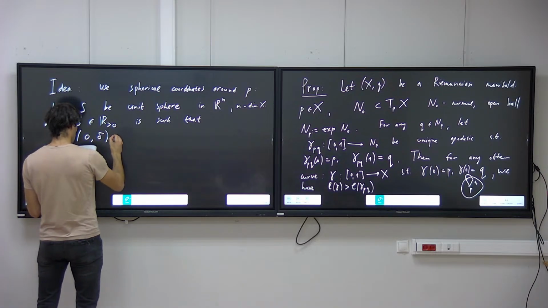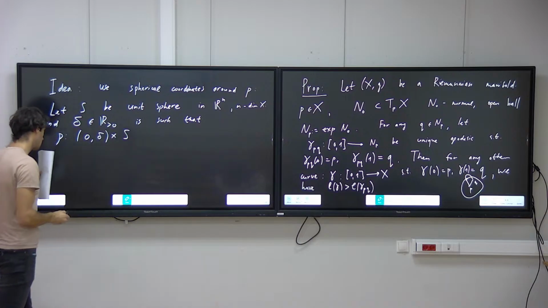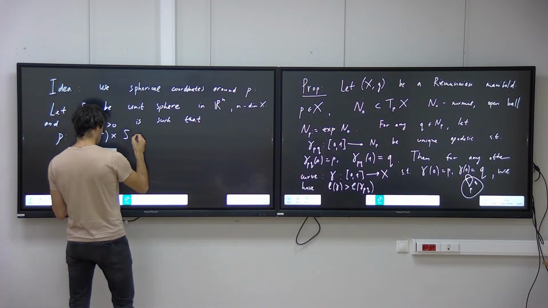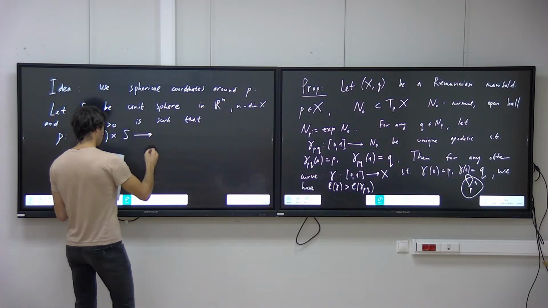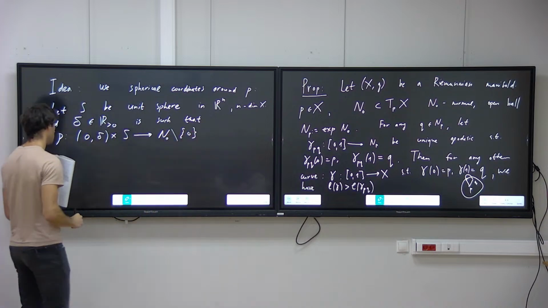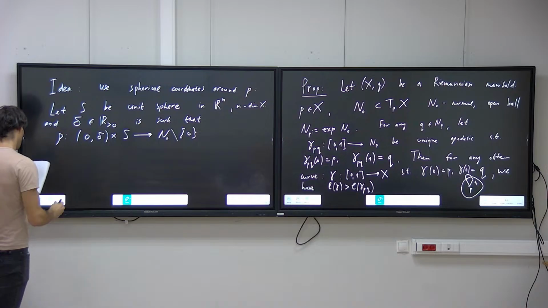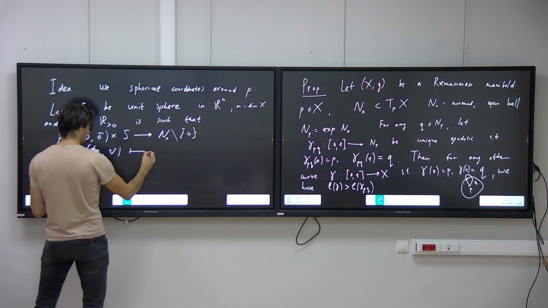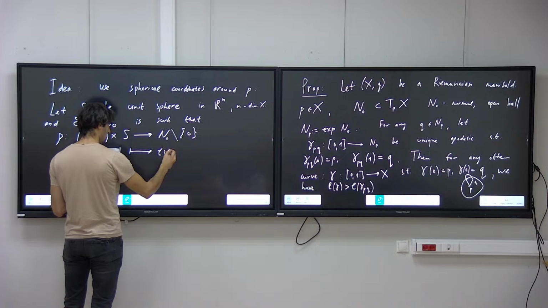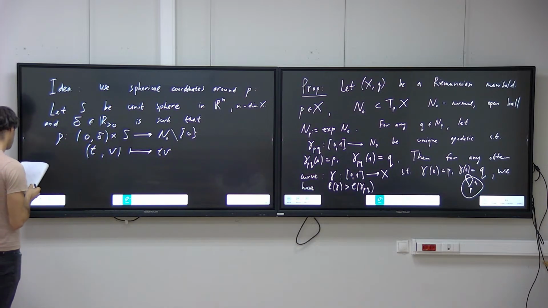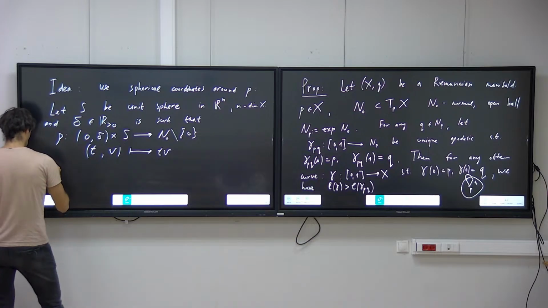This is a map from the direct product of the open interval (0, delta) times S to N0 without 0. I take t from here, v from S, and map it to tv. It is a diffeomorphism.